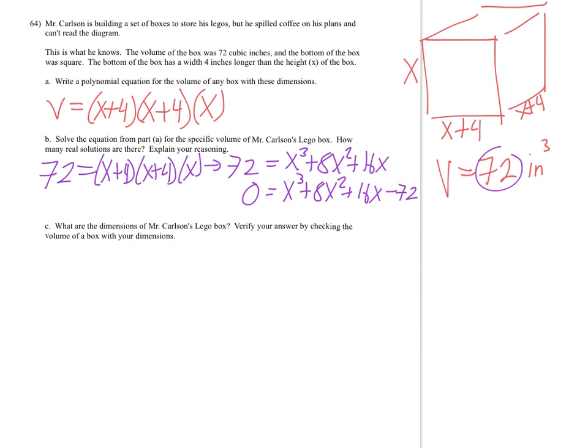All right, to solve this, not factorable. I've got to come up with some alternative way to do this. That alternative way might be to do some rational root theorem. So we're looking for numbers that multiply to get 72. 1, 2, 3, 4, 6, 8, 9, and then I can work backwards.